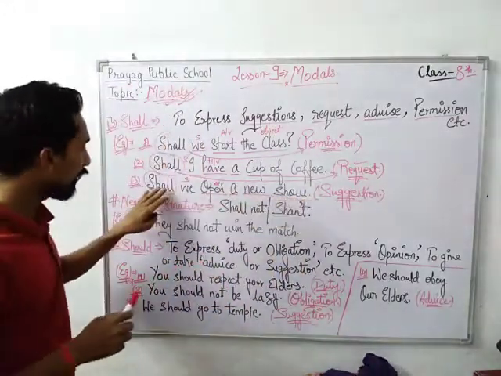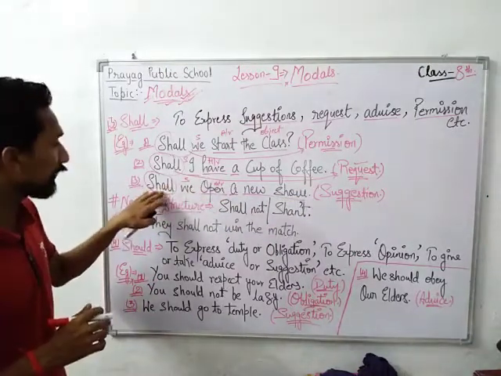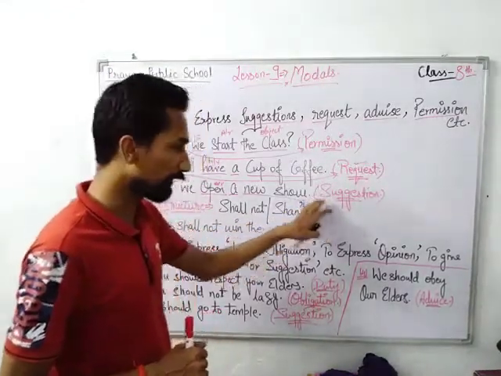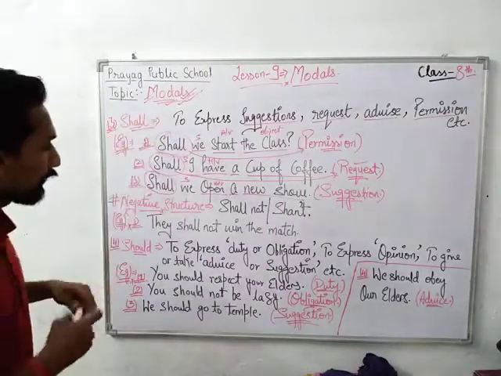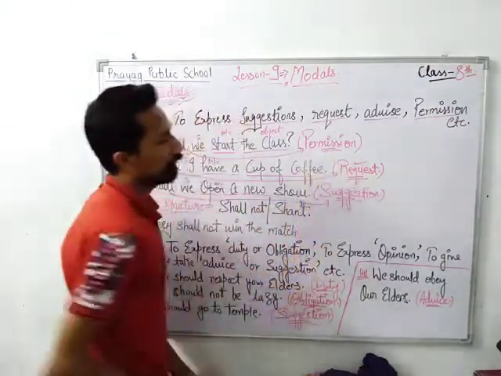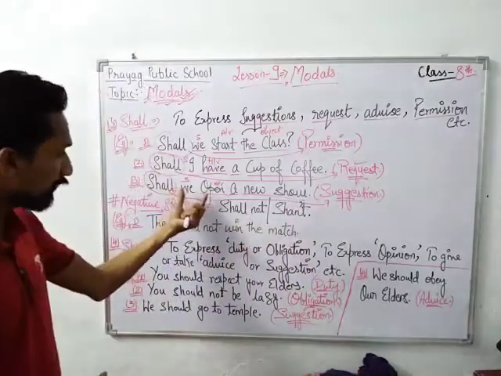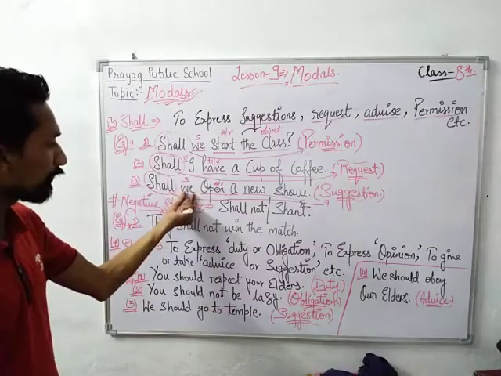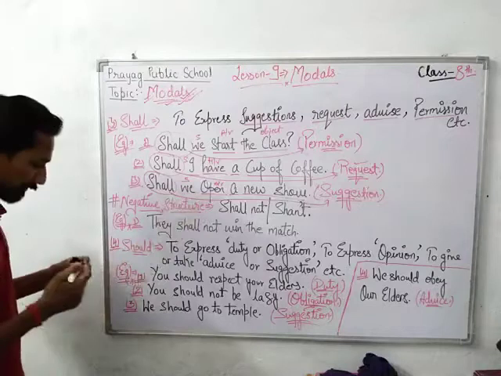The word shall is expressing the mood of the speaker in the sense of suggestion, and that is why this word shall is falling under the category of modal, right? Because in this sentence the speaker is suggesting something to all those persons who have been highlighted as we in the sentence.